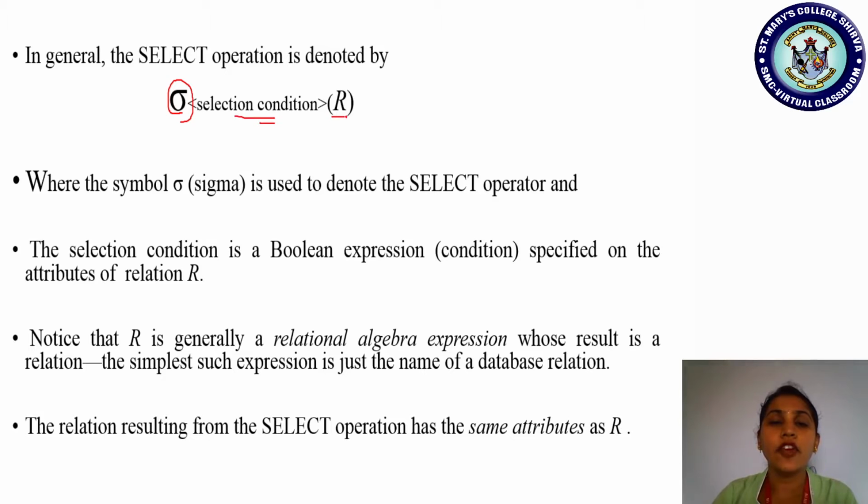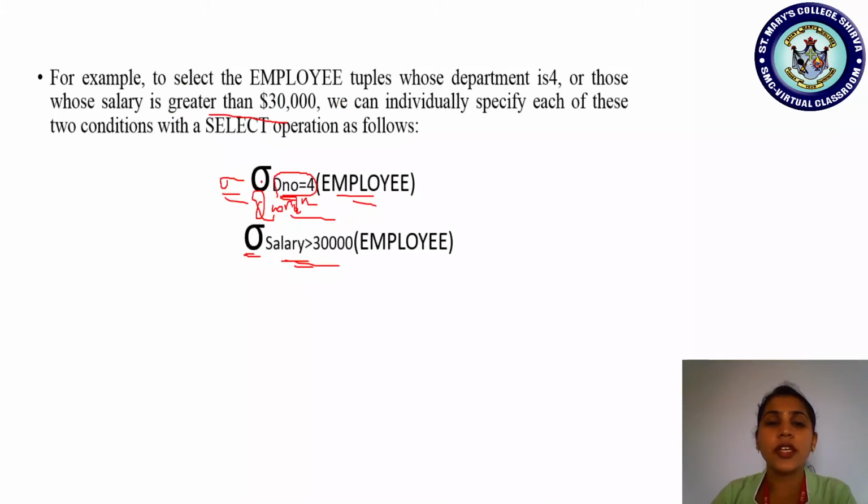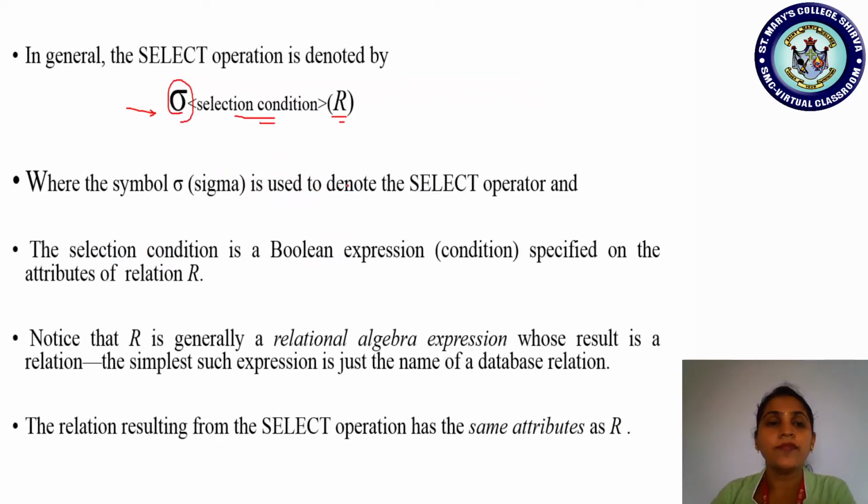Then following that, the relation name. If you observe this syntax, you can compare: select DNO equal to 4 from employee relation. DNO equal to 4 is the condition and employee is the relation. The symbol sigma is used to denote the select operator, and the select condition is a boolean expression specified on the attributes of relation R.